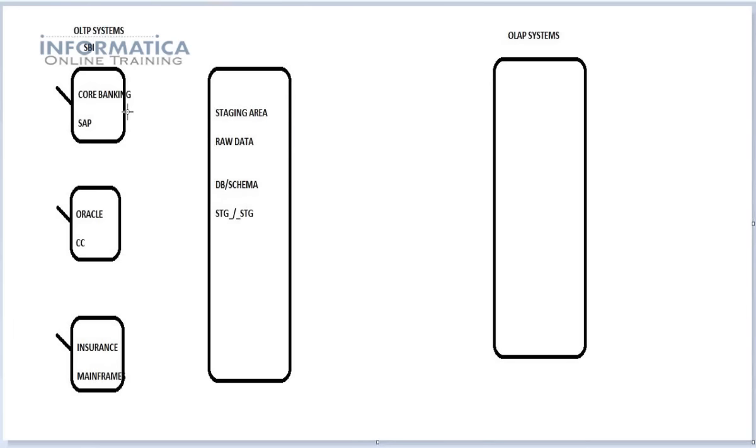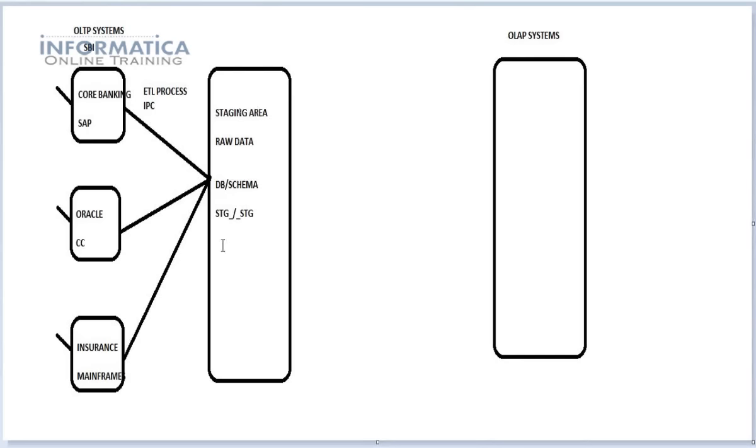Using the Informatica PowerCenter, the ETL process, you extract the information from the OLTP system and load the data into the staging area.